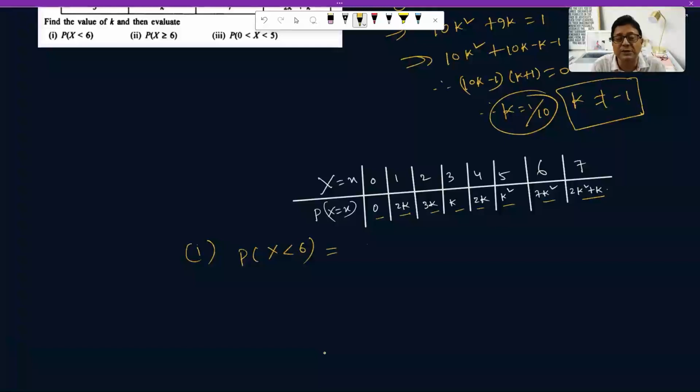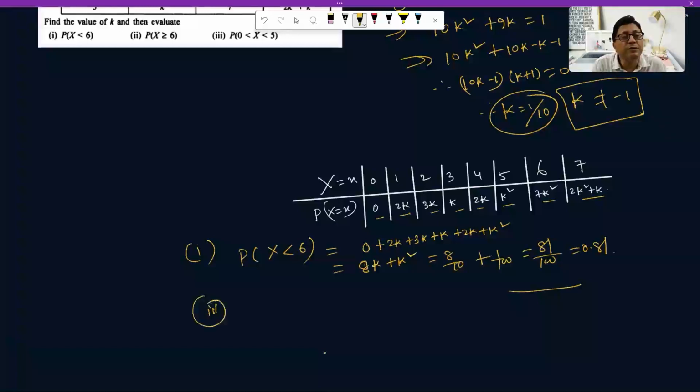Sum of all these cases, it will be 0, 2k, 3k, k. So this is nothing but 8k plus k square. Put the value of k: 8 by 10 plus 1 by 100. So 81 by 100 can be found this way.